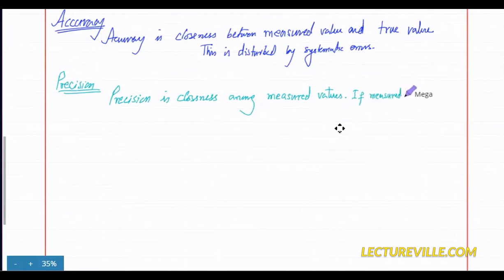If measured values are in a small range, the work is precise.